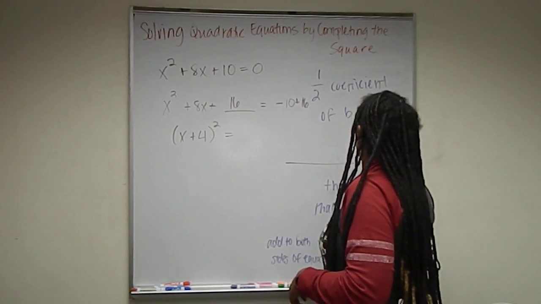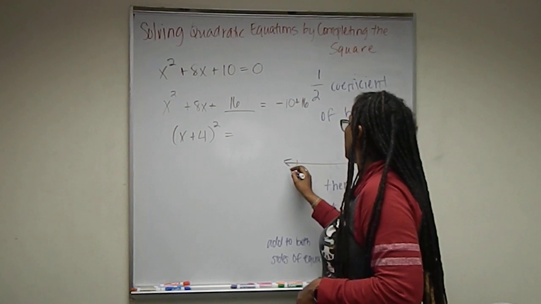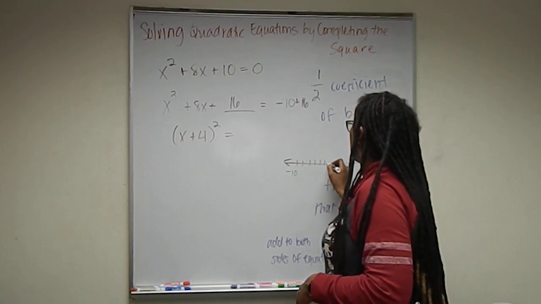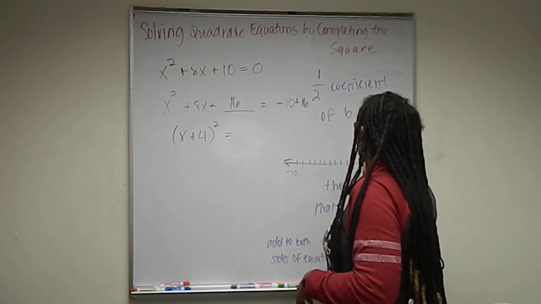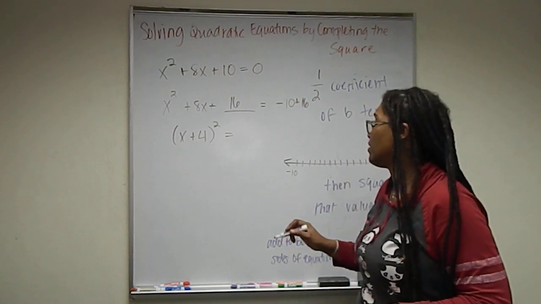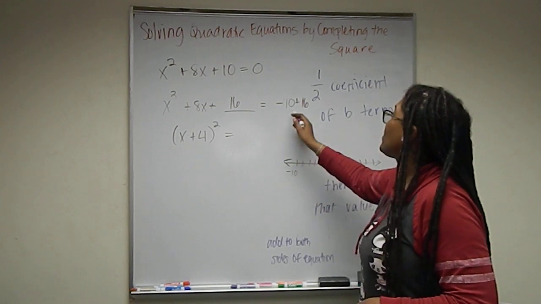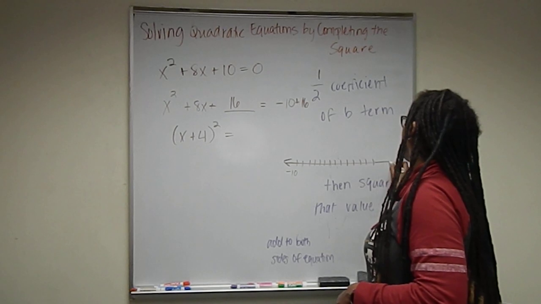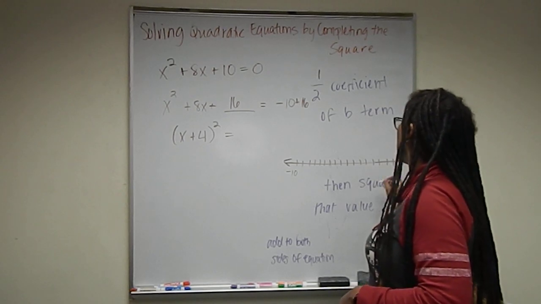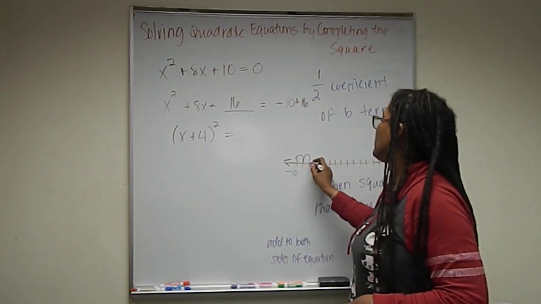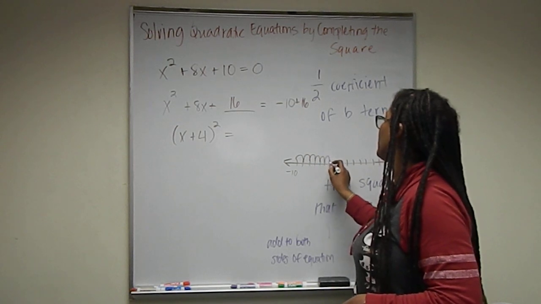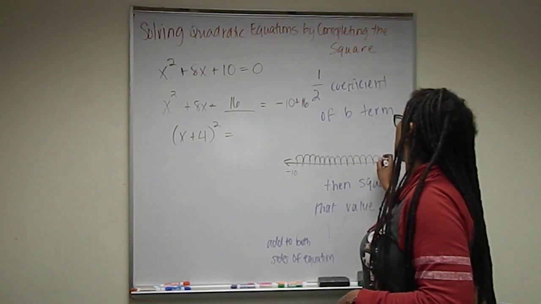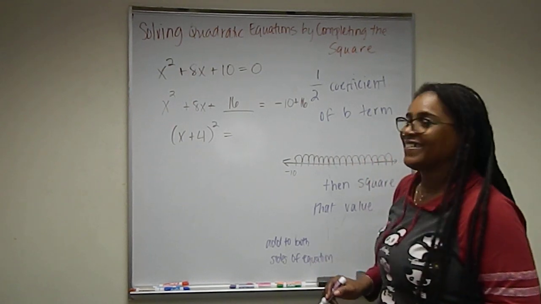In case we can't remember, we have a number line. Let's see if we made enough tallies. Negative 10. We have to go to the right 16. Did I make enough tallies? Let's hope so. 1, 2, 3, 4, 5, 6, 7, 8, 9, 10, 11, 12, 13, 14, 15, 16.